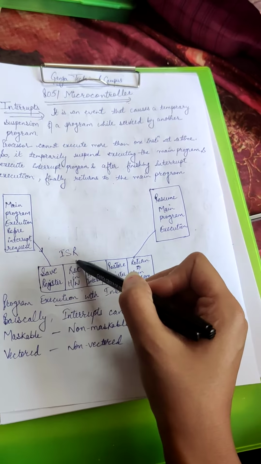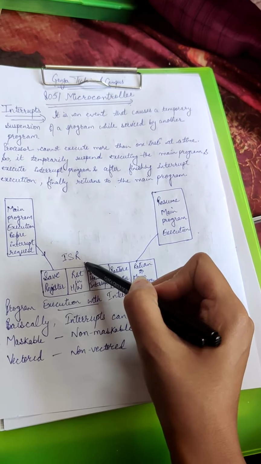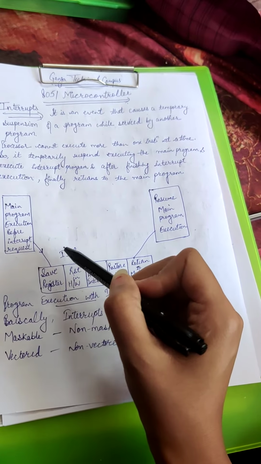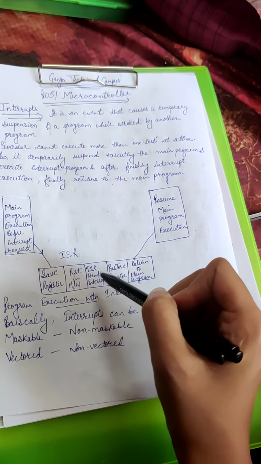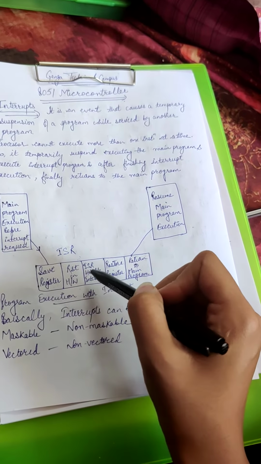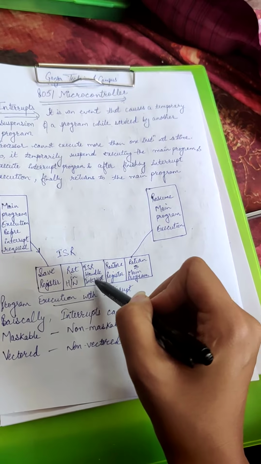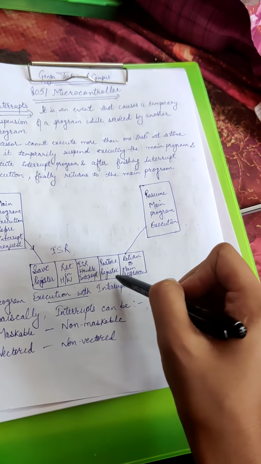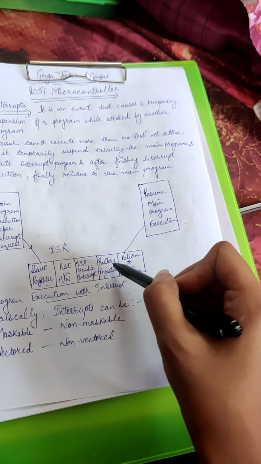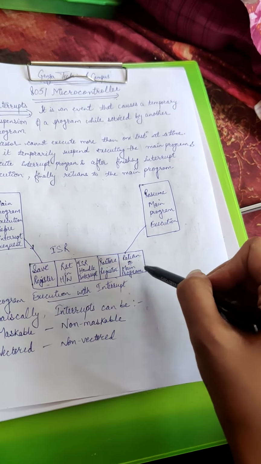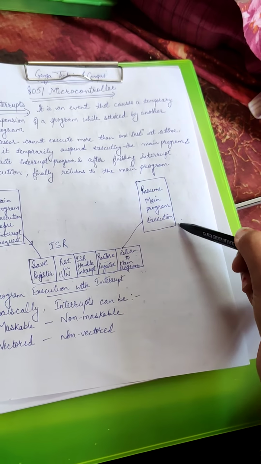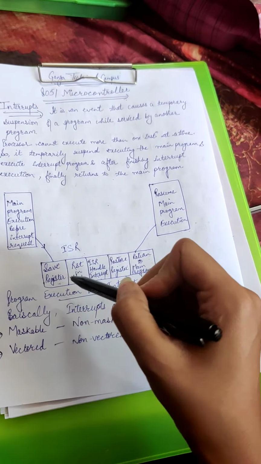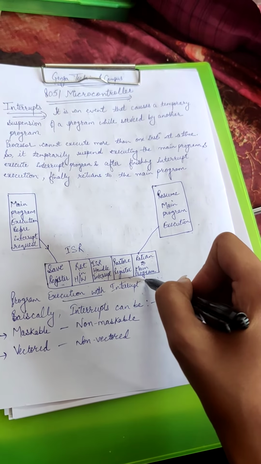ISR is the interrupt service routine, which is used for the execution of the interrupt, that is, for interrupt handling. After execution of that interrupt, we will restore our data which we stored in that register, and then return to the main program and execute that program. These are the basic steps for the interrupt execution.